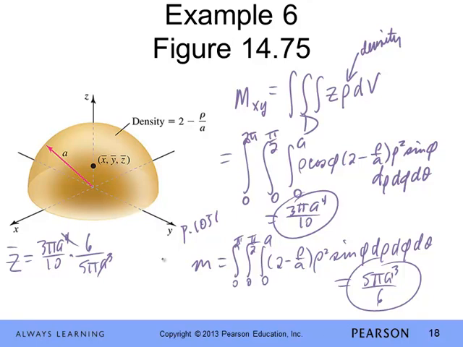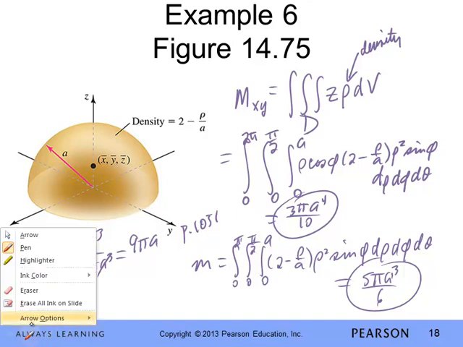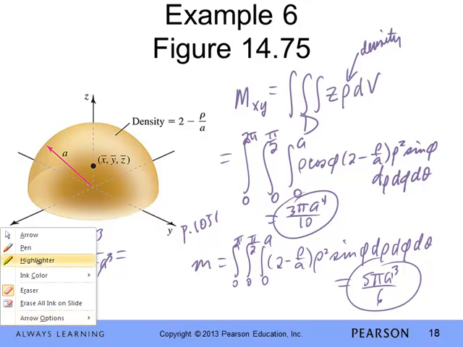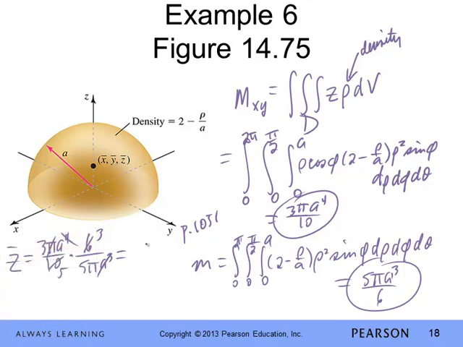You've got factors of 2 that cancel. So what are we looking at? We're looking at 9 pi a... Oh, pi's cancel too, don't they? Let me use my eraser here. Pi's cancel. So that gives us 9a over 25.